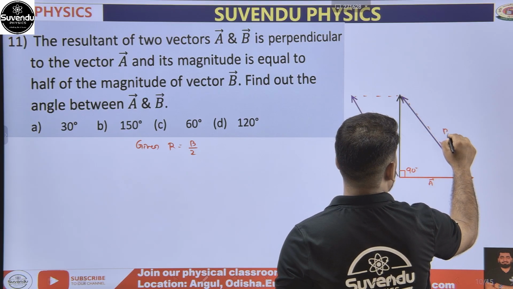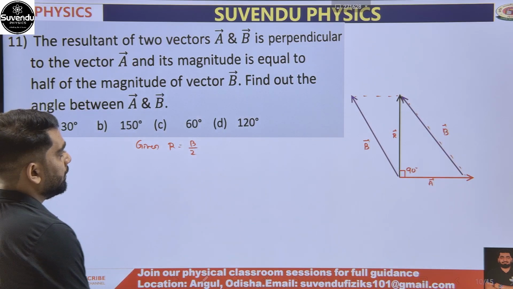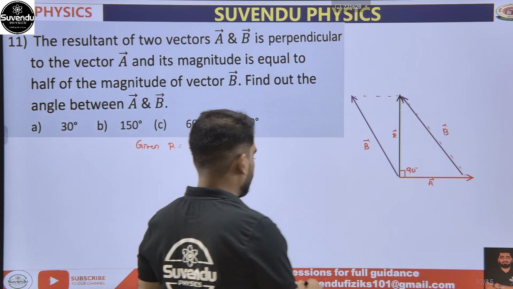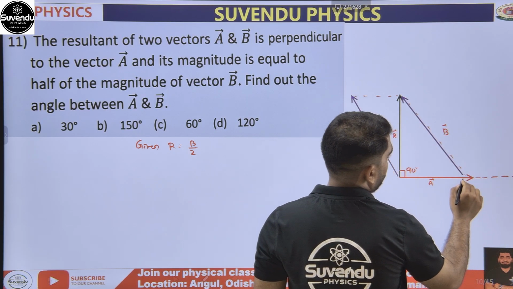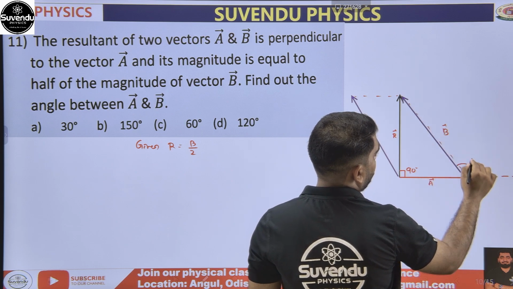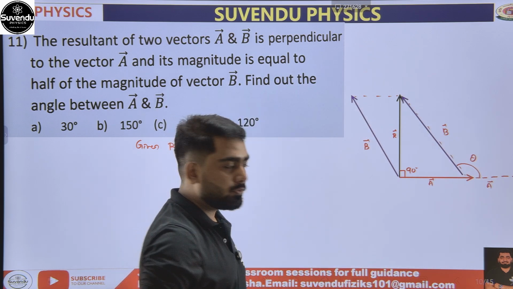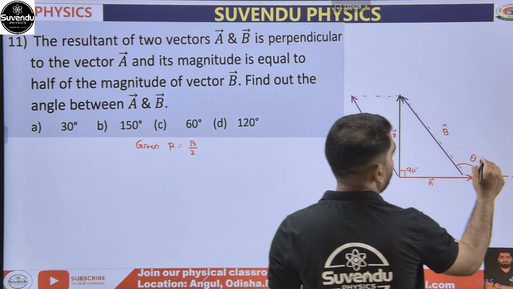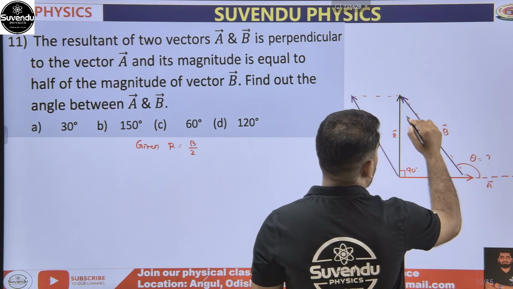The question asks to find the angle between a vector and b vector. If we parallel shift a vector, clear, so this is a vector and this is b vector, this will be the angle theta, the angle between two vectors.